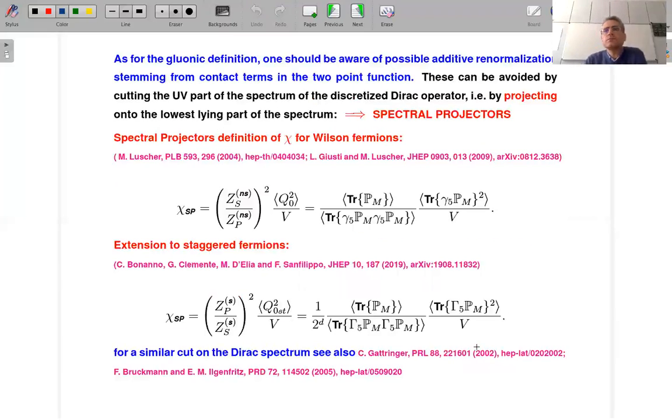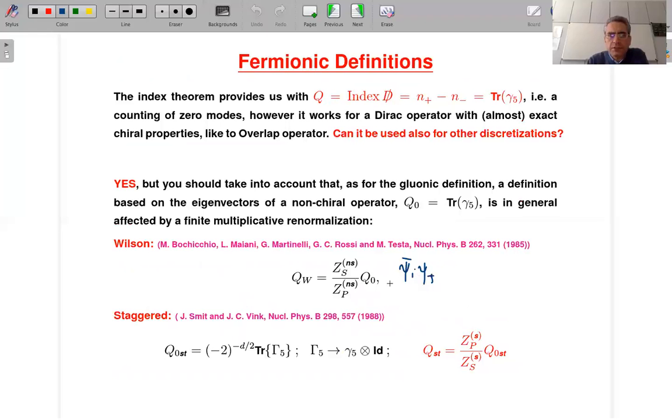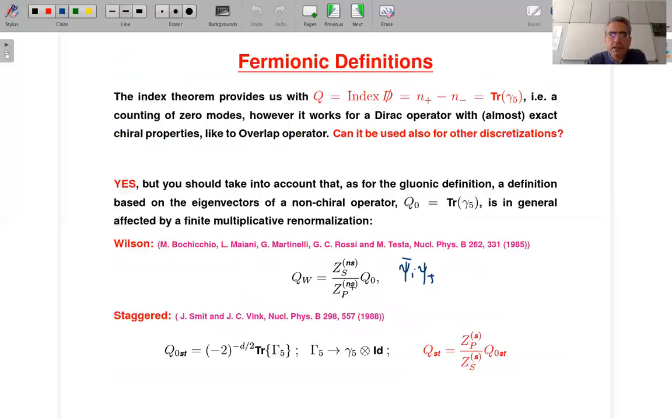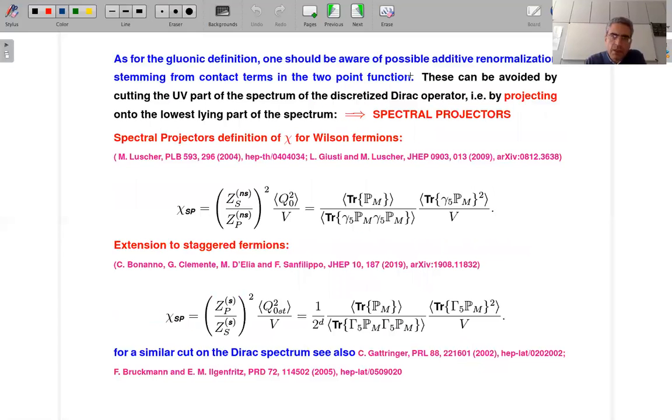Now, if you just take this definition, even with this multiplicative renormalization, and you naively define a topological susceptibility by taking the square of these definitions and measuring the average value, you discover that also in this case you have to deal with an additive renormalization, just because of the contact terms that you have also in the gluonic definition. Okay, so basically everything works as with the gluonic definition.